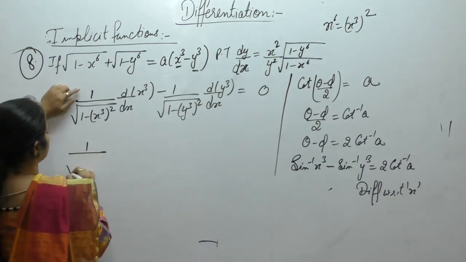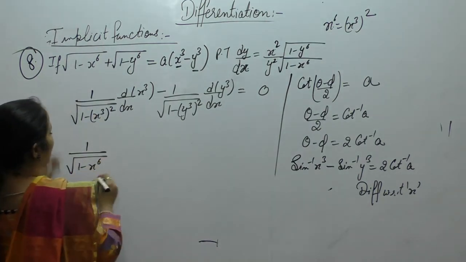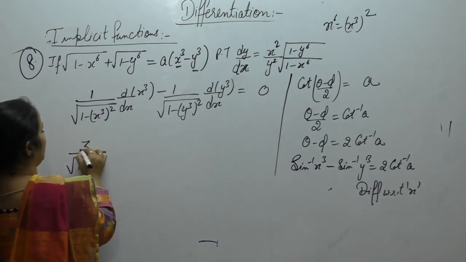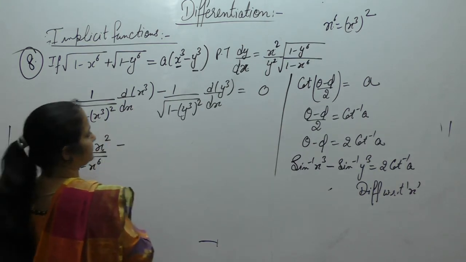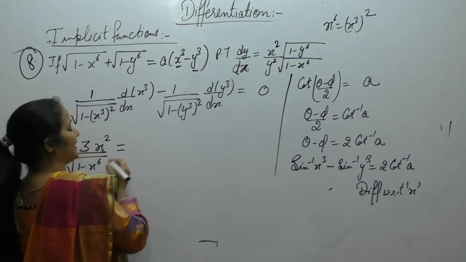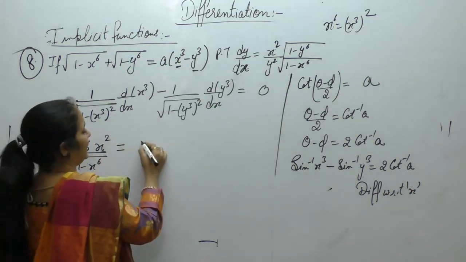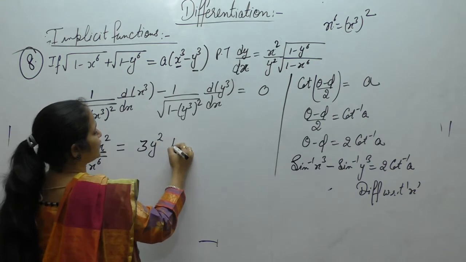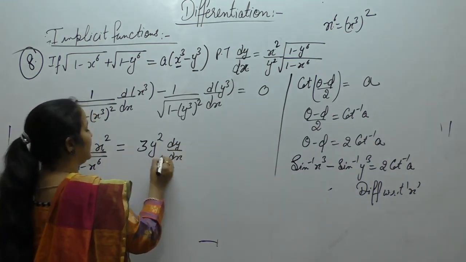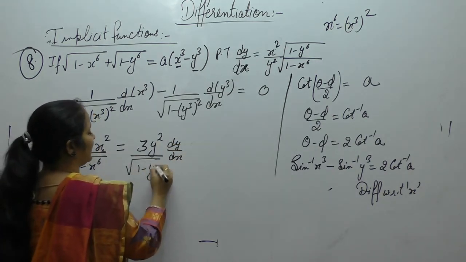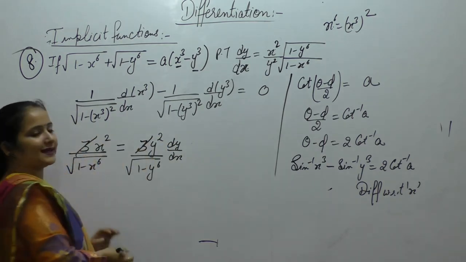So 1 upon square root of 1 minus x power 6, derivative of x cube is 3x square. This term goes on the right hand side. Derivative of y cube is 3y square dy upon dx upon square root of 1 minus y power 6. 3 will get cancelled.